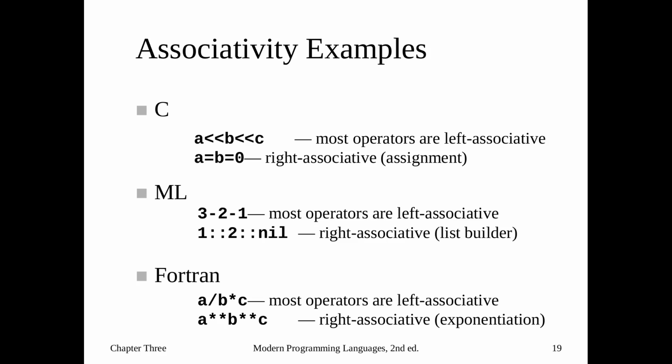In ML, as we'll learn, most operations are also left associative. 3 minus 2 minus 1: 3 minus 2 is 1, minus 1 is 0. The second operation is cons. The double colon is called the cons operator in ML. We're going to build a list, so we have to start from the right.